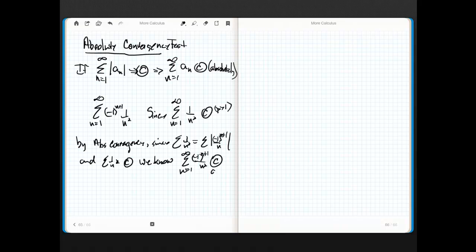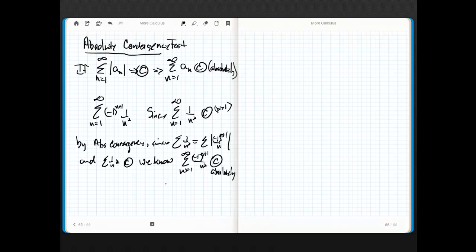But not only does it converge, it converges absolutely. It's a powerful tool. What it enables us to do is remove negative terms from a series and check to see if it converges with those negative terms missing.